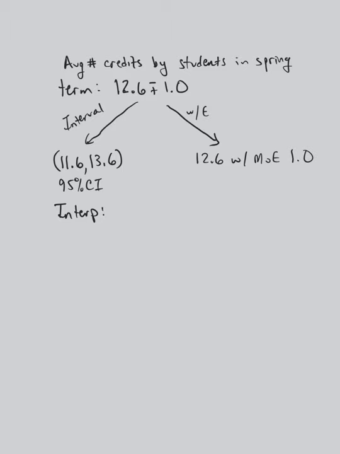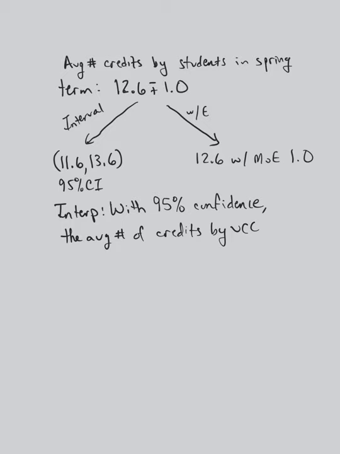Now always they'll begin with referring to your confidence, that nothing's absolute. We could be wrong. So what this means is that with 95% confidence, and we'll talk about other confidences later. You've got to remember what we're talking about. We're talking about the average number of credits by UCC students in the spring.